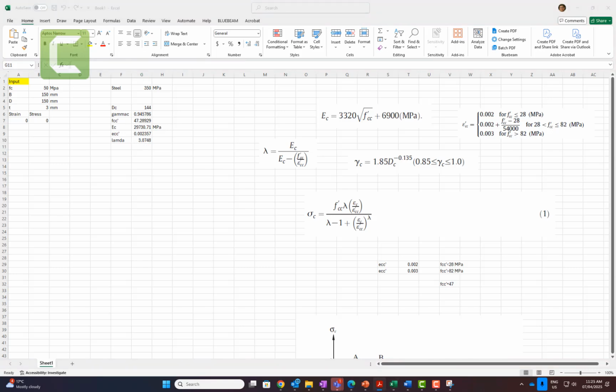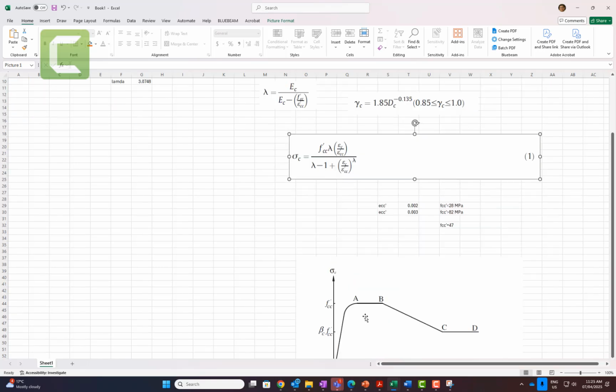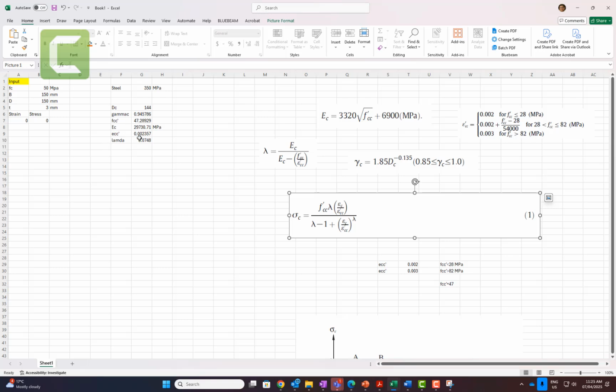What else did we need? I think we've got everything we need to use in these equations, and these equations would be valid up to epsilon_cc', right? So epsilon_cc' is 0.002.